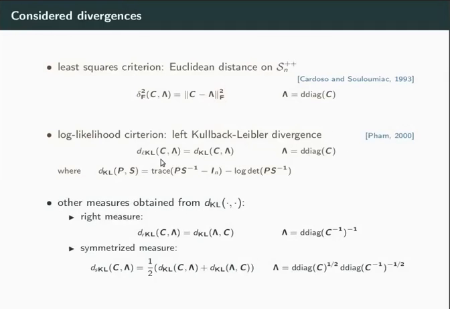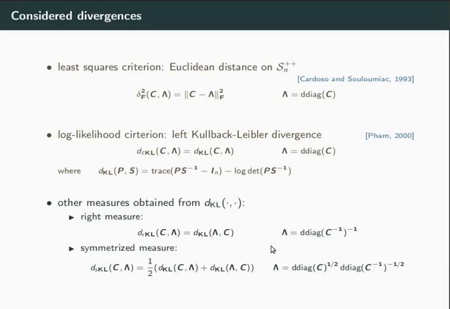Here again we have the closest diagonal matrix as the diagonal part of matrix C. But we can also define new criteria for approximate joint diagonalization. For instance, just by taking the Kullback-Leibler divergence the other way around, we have a right measure.